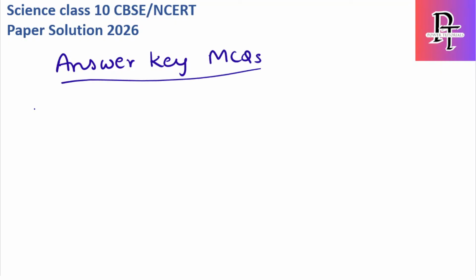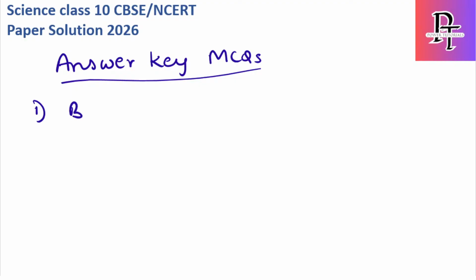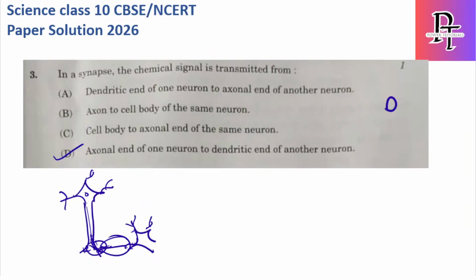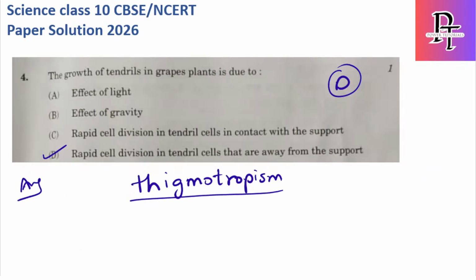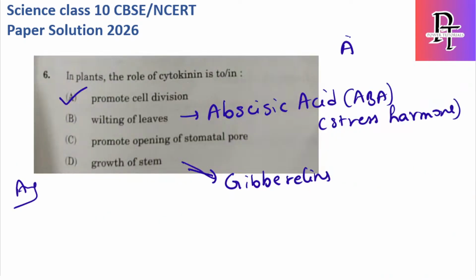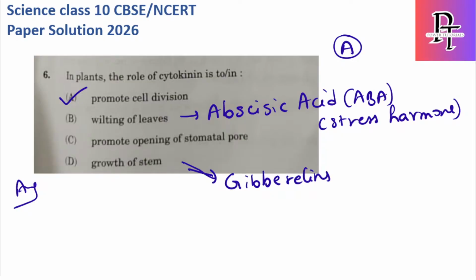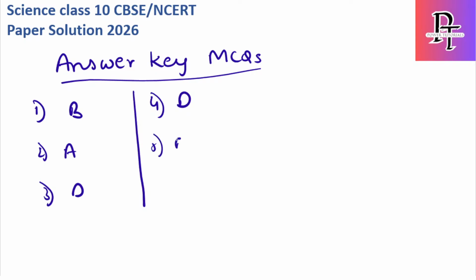MCQs and assertion-reason answers. First one is B, second is A, third is D, fourth is again D, fifth is B, sixth is A, then D, B, A. Let's write the last three answers as well.